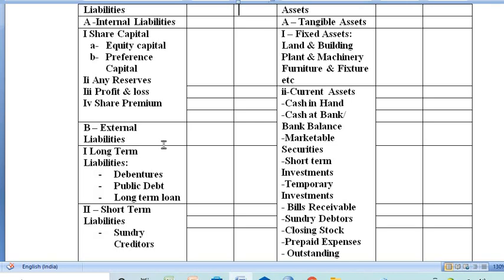The next one will be a current asset. These are the assets which are easily converted to cash. Once you have invested, from that you can generate revenue from this asset.